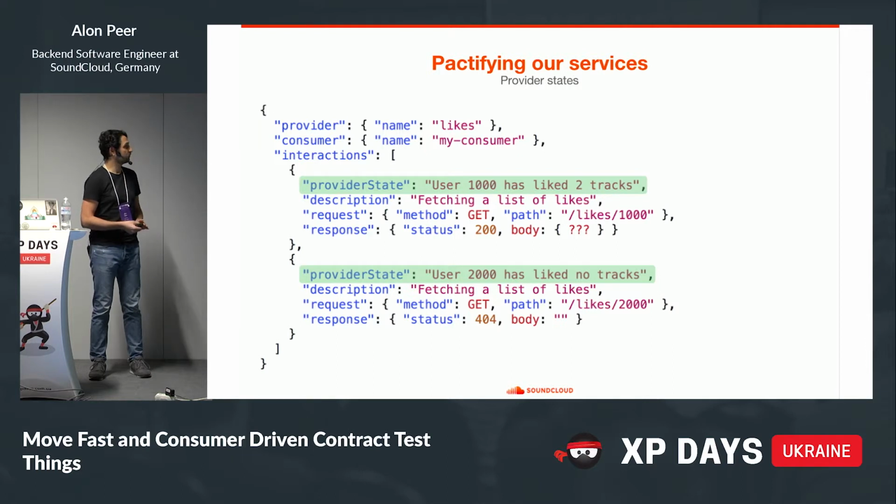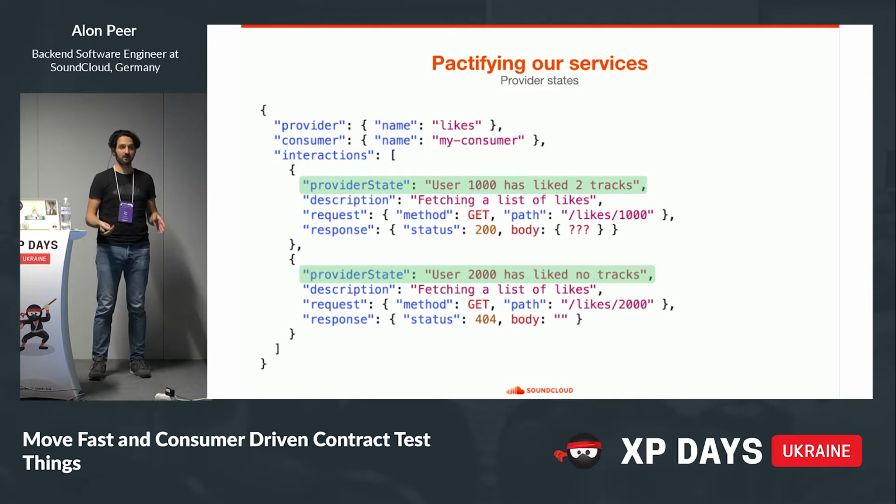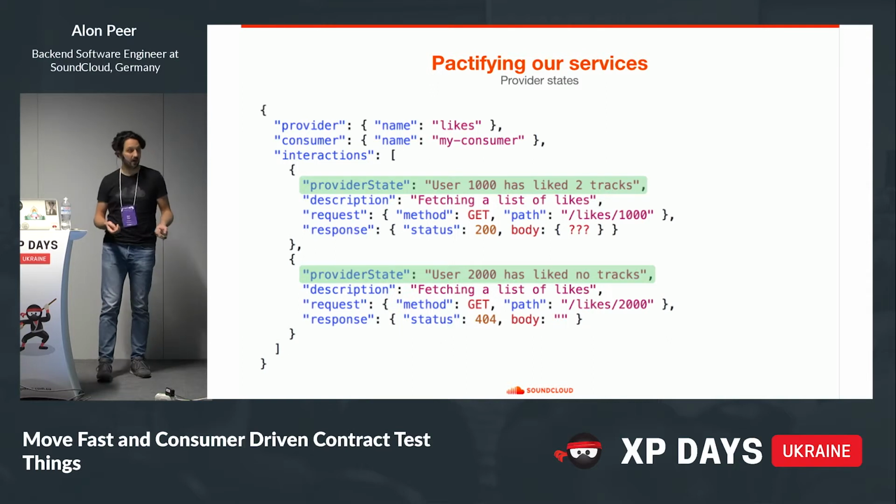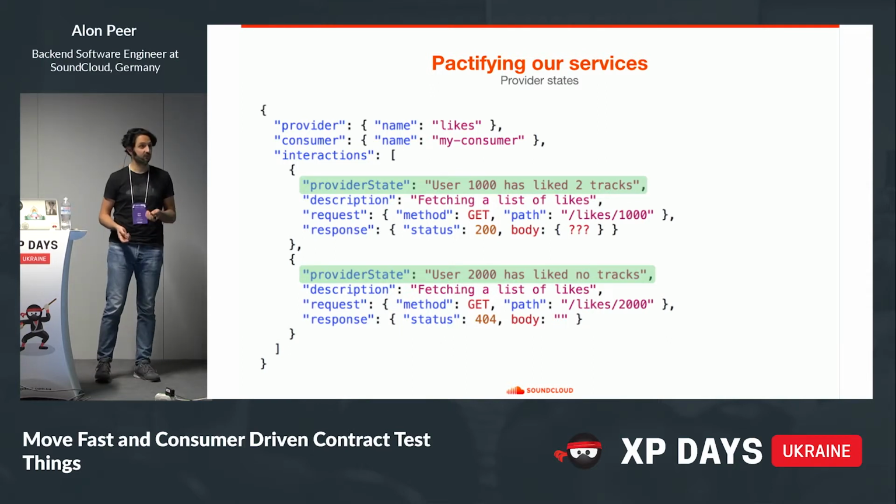There's going to be some communication between the provider team and the consumer team, and you'll agree on some strings that when the consumer sets those and passes them to the provider, the provider can use those to set up some kind of a state that will be there once the request comes in.